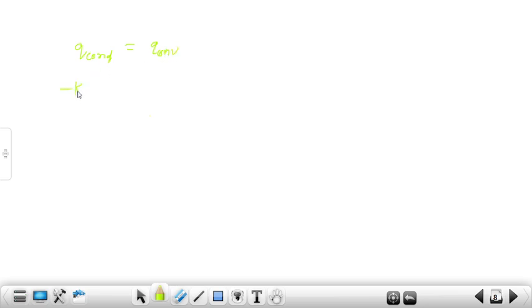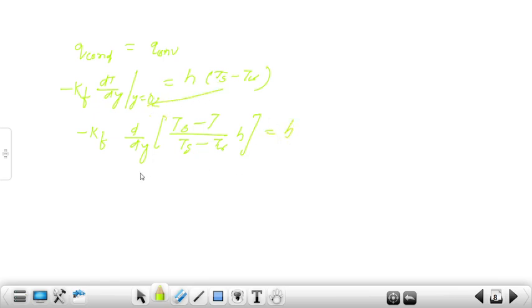So the formula is conduction is Kf dT by dy at y equal to 0, which is equal to Q convection, h into Ts minus T infinity with unit area. So minus Kf into d by dy of the temperature, Ts minus T divided by Ts minus T infinity, into h equal to h, taking in the left side. So d theta star divided by dy is equal to h by Kf.